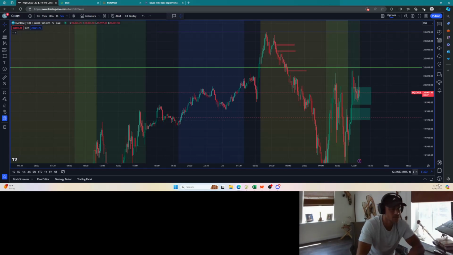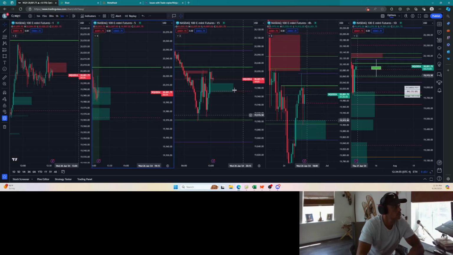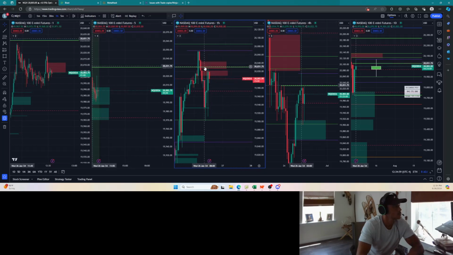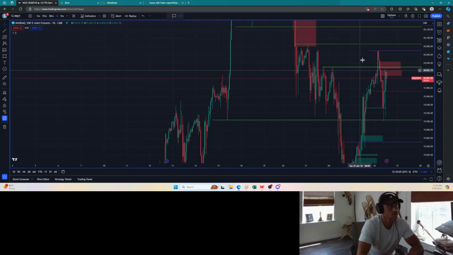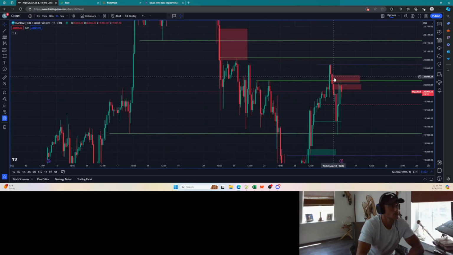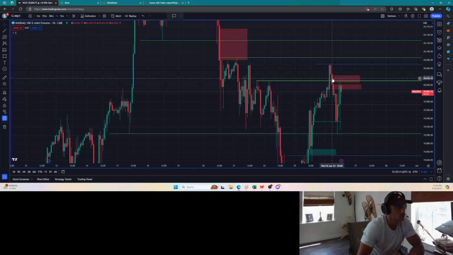And what I mean by that is, on the hourly, it's easier if you guys could see all my charts at the same time, but it's just going to be too small. So right here on this hourly candle, the high is 20,049.25. That high is liquidity, okay?